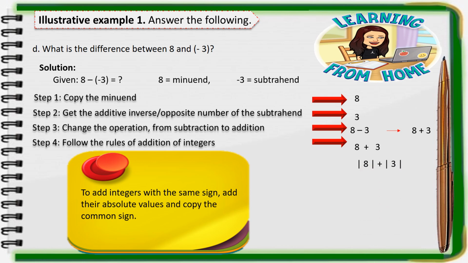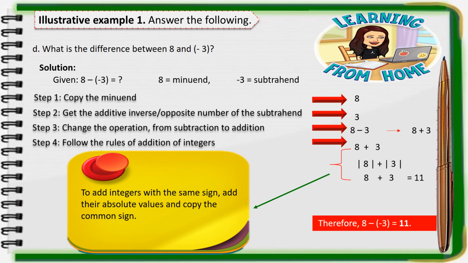So, meron tayong absolute value of 8 is 8, and absolute value of 3 is 3. And let us add. 8 plus 3 is 11. Okay? Now, kopyahin ang common sign mula sa original. Since 8 and 3 are both positive, so 11 will be positive. Therefore, 8 minus negative 3 is equal to positive 11.